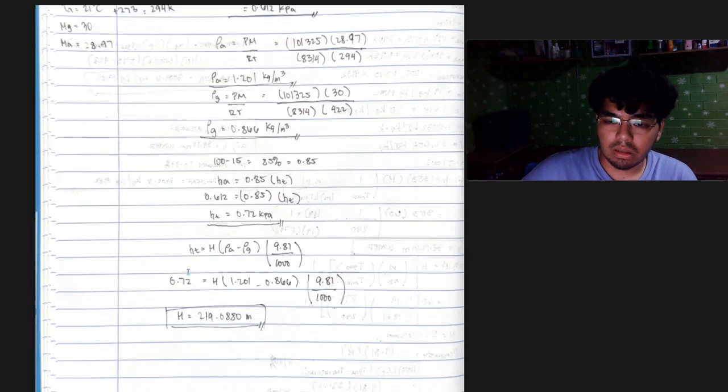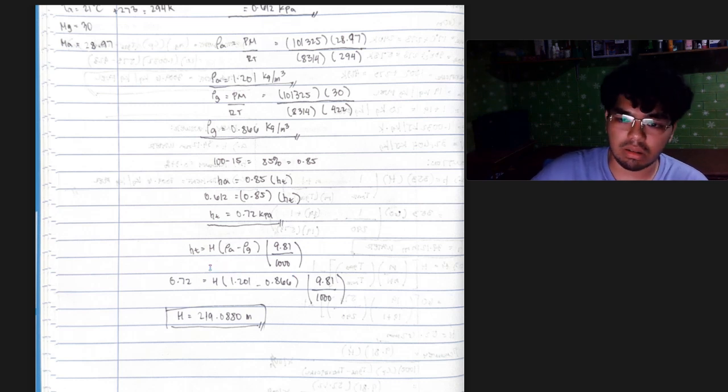And next, since we now have the theoretical draft, we can solve the height. So HT is equal to height times density of air minus density of gas times 9.81 over 1000.